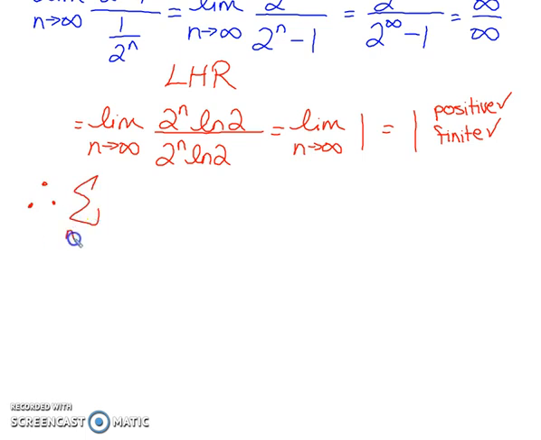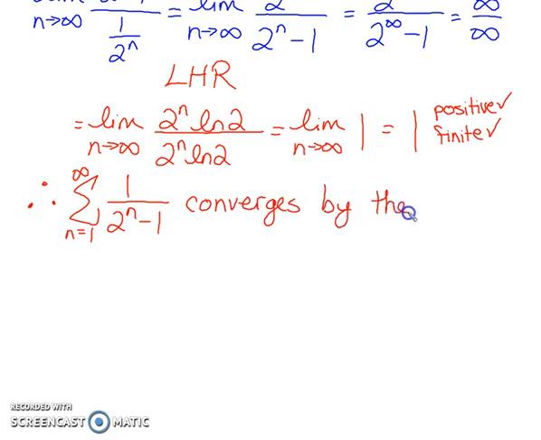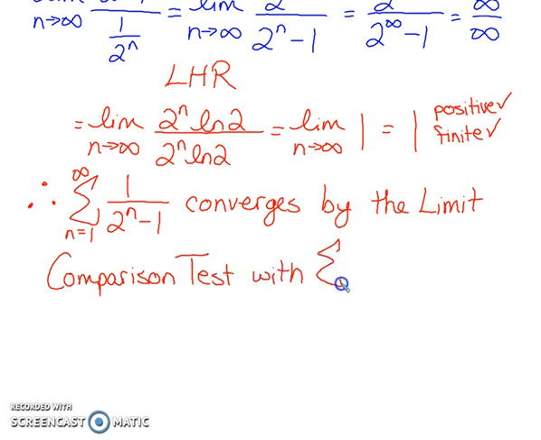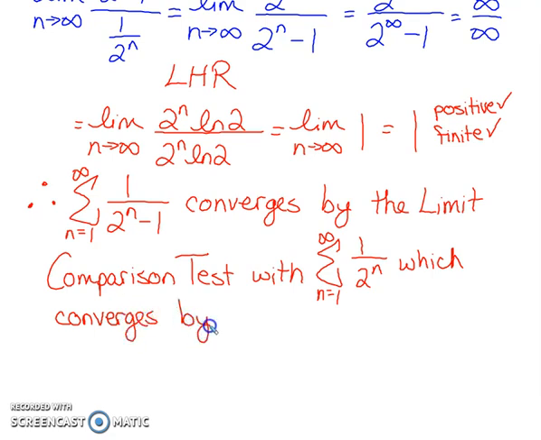the sum from n equals 1 to infinity of 1 over 2 to the n minus 1 converges by the limit comparison test with the sum from n equals 1 to infinity of 1 over 2 to the n, which converges by the ratio test.